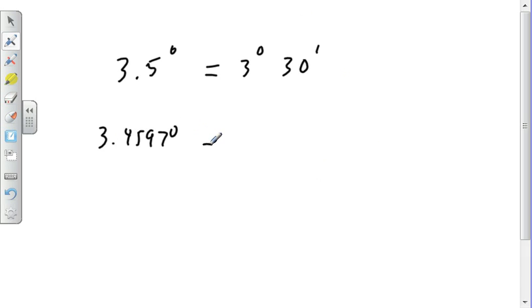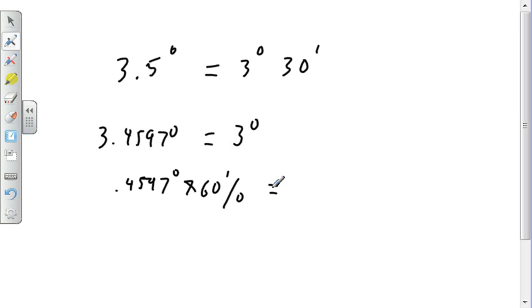Well, we'd write down the 3 degrees, and then we'd say, okay, what do I have left over? I have 0.4597. I'm going to multiply that times 60. Why am I multiplying by 60? Well, because these are degrees, and these are minutes per degree, so now I'm going to get minutes out of that when I do that.